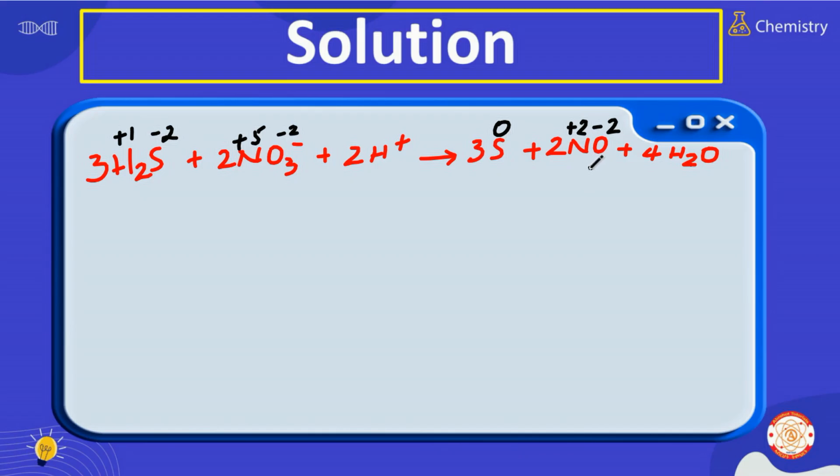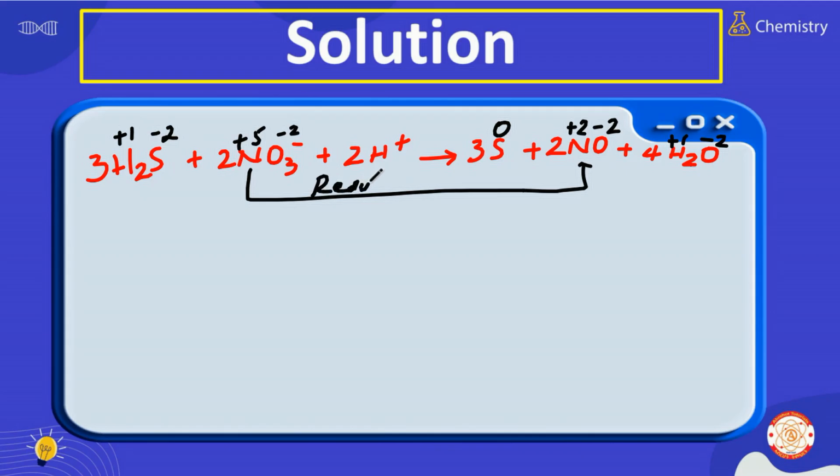Therefore, the oxidation state of nitrogen is +2, and hydrogen has +1, oxygen has -2. So let us see which species has been oxidized and reduced. So nitrogen going from +5 to +2. Its oxidation number has decreased, right?